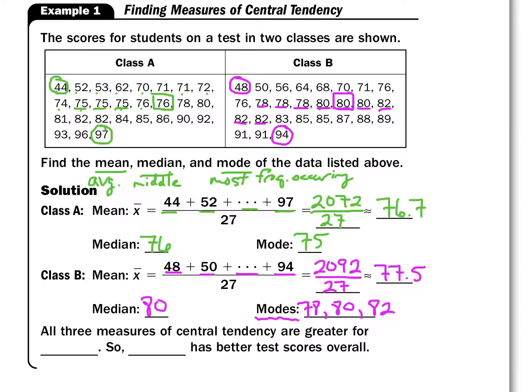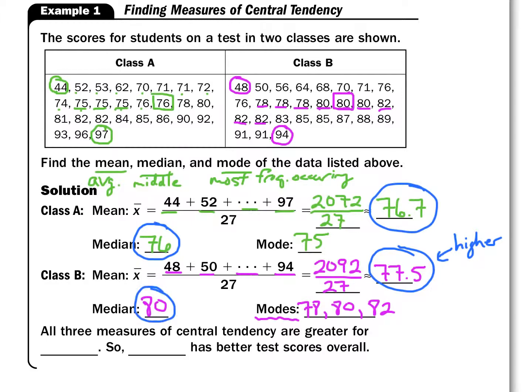Now, if I look at all 3 measures of central tendency, so if I compare the mean of Class A to the mean of Class B, Class B's mean is higher. Okay. The median scores of 76 and 80, obviously Class B is again higher.